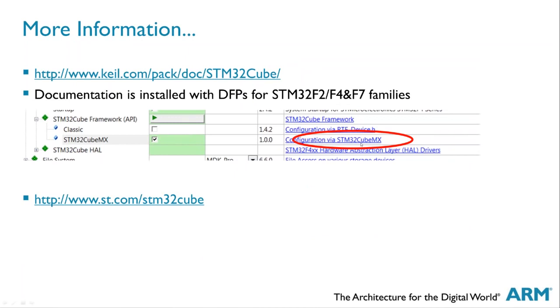If you click that configuration via STM32CubeMX, which we were just showing in the RTE dialog, or if you are looking for generic Cube information, you should go to st.com/stm32cube, and that will point you to the latest and greatest Cube version and Cube documentations.